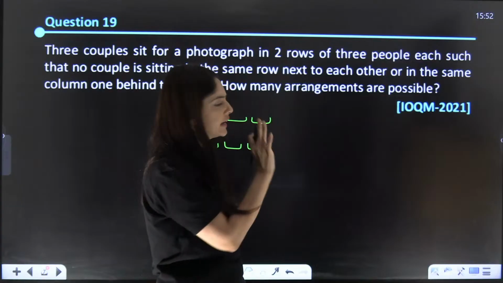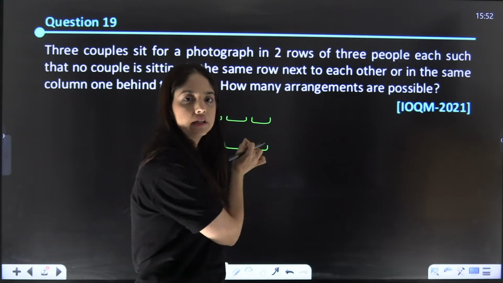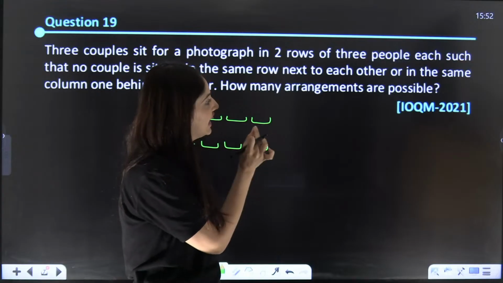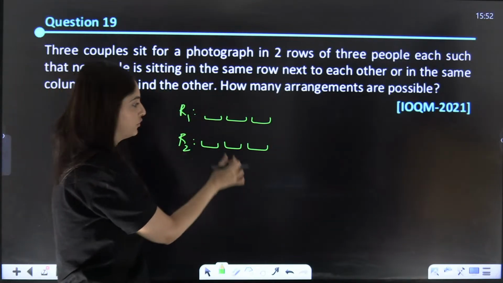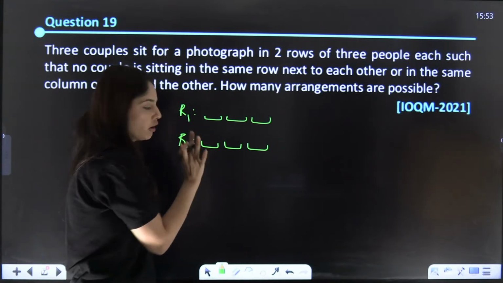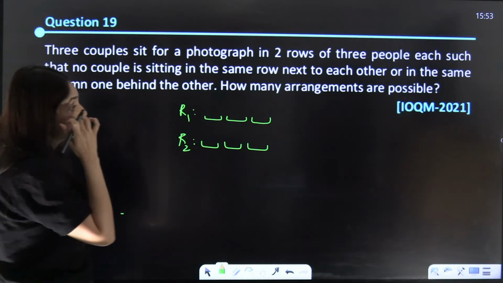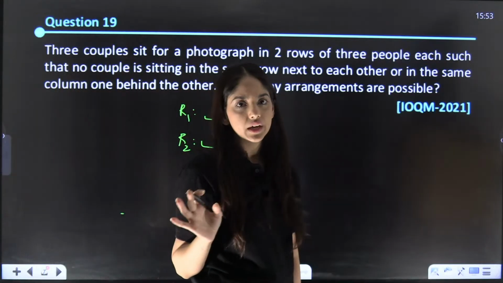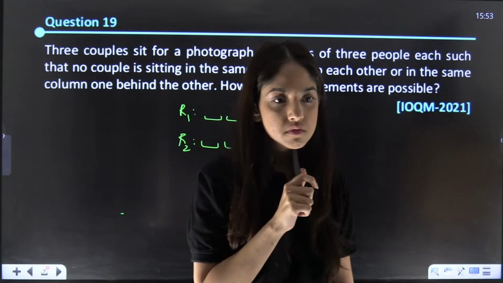They can sit away from each other, but no couple is sitting in the row next to each other, and no couple is sitting in the same column. If husband 1 is here, then wife 1 cannot be here. So, like this, we have such possibilities. Now, we have this condition. How many arrangements are possible?